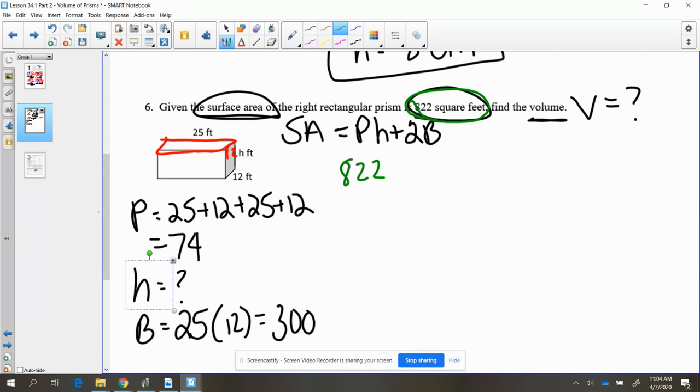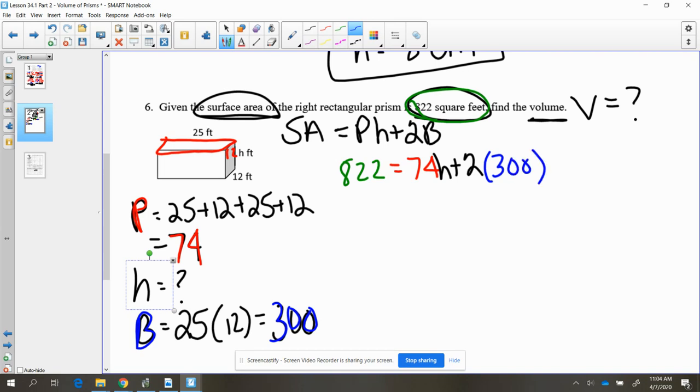And then we computed over here that the perimeter is 74, so we can plug that in. And then the height is, well, we don't know. It's a question mark, so we're just going to keep calling that h. And then the area of the base, we also computed over here to be 300. So 2 times 300.